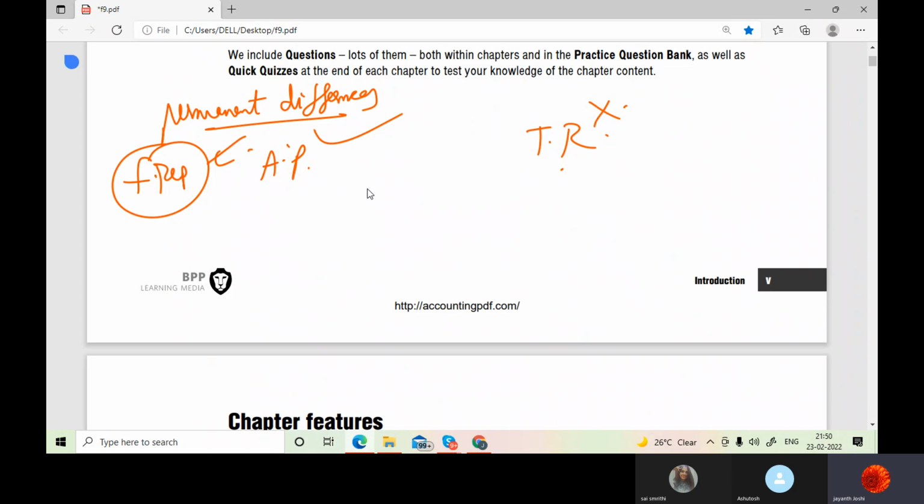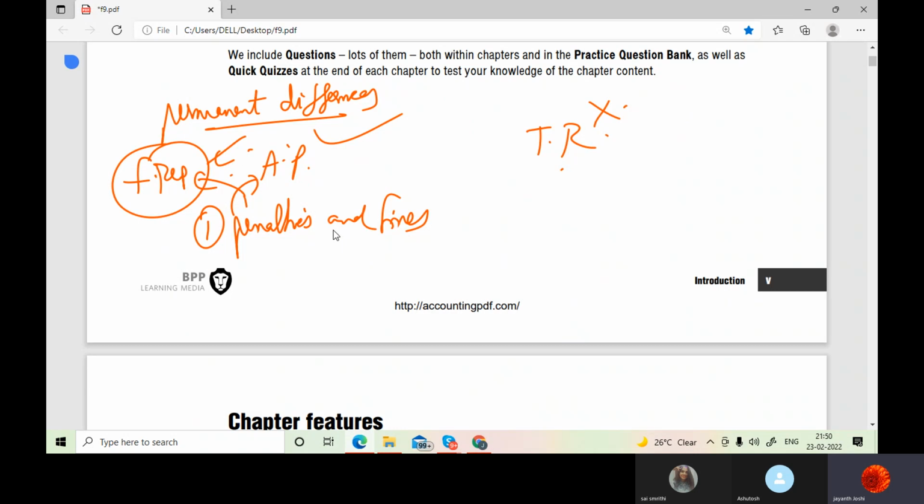Some examples. I would write here: penalties and fines. Penalties and fines you can show as an expense in the financial report. That means sometimes you'll be caught in something, some criminal, some civil, or some kind of law breaking.